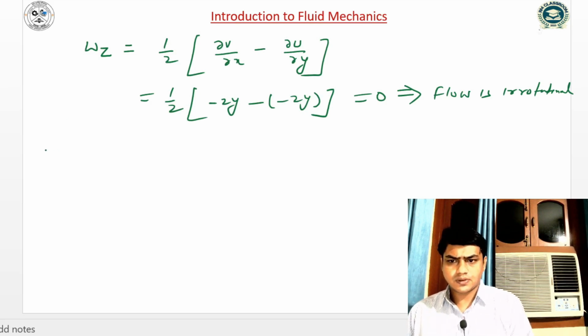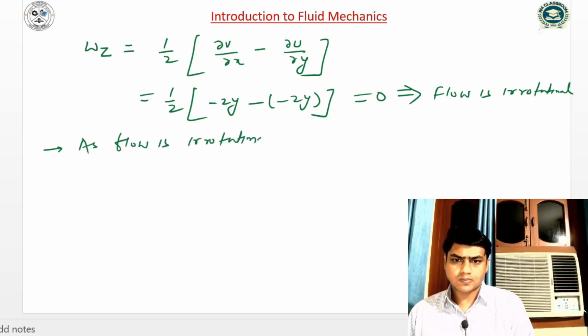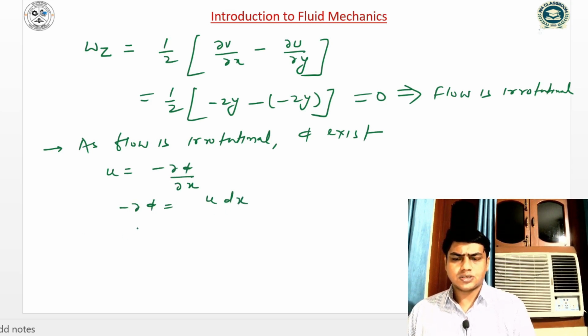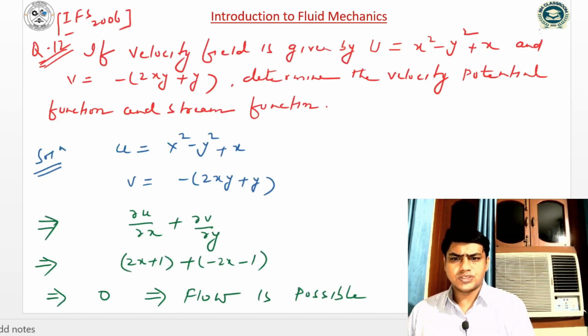As the flow is irrotational, phi exists. As per the definition of velocity potential, u is equal to minus del phi by del x. So minus del phi is equal to u into dx, so phi can be written as integral of minus u into dx. What is u? u is given as x square minus y square plus x.